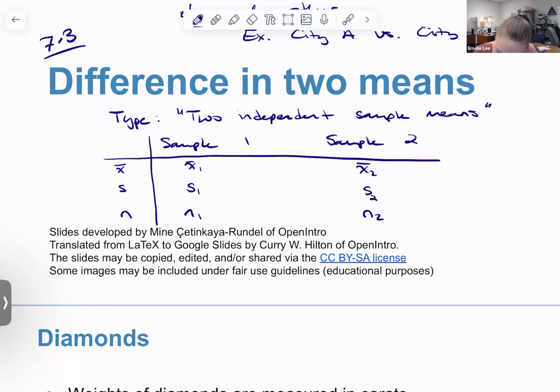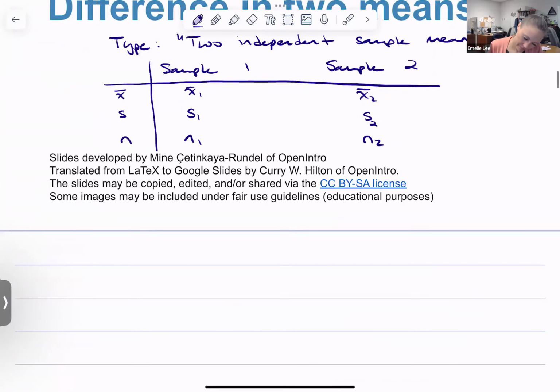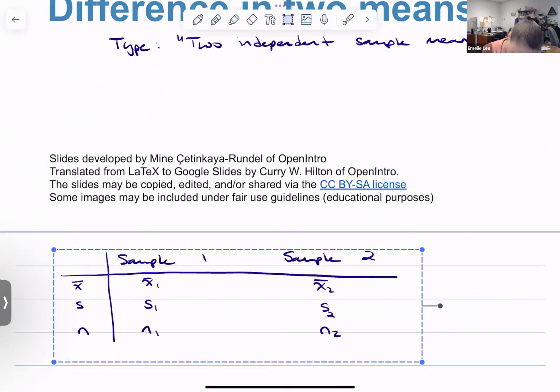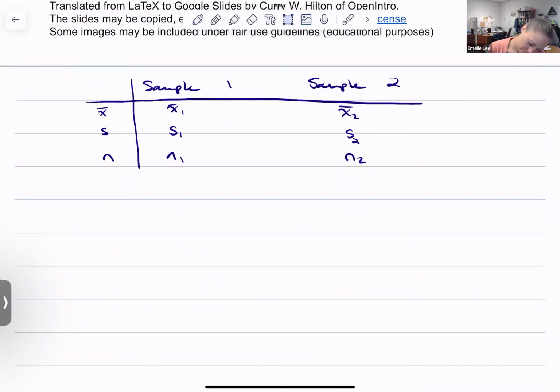And maybe what I'll do, just to introduce the concept a little bit further, I'll put this on the next page here. Give myself some room. The point estimate is always going to be x1 bar minus x2 bar, or x2 bar minus x1 bar, but because we're just using ones and twos, you can assign whichever group you want to whichever value.